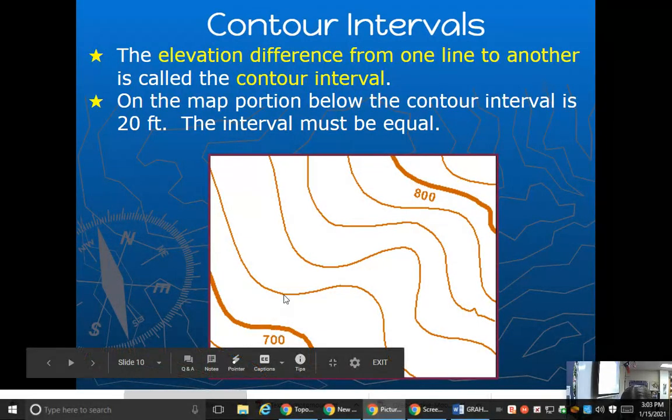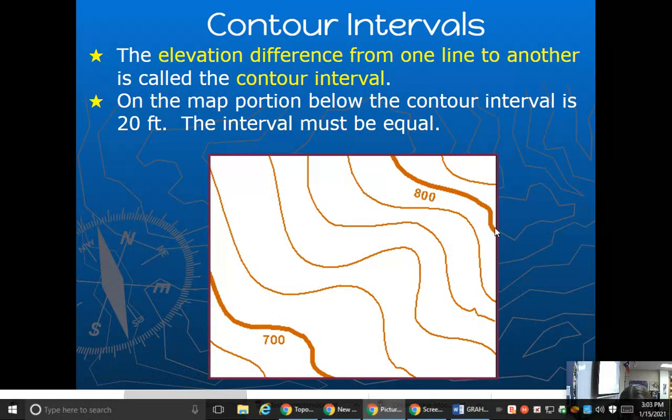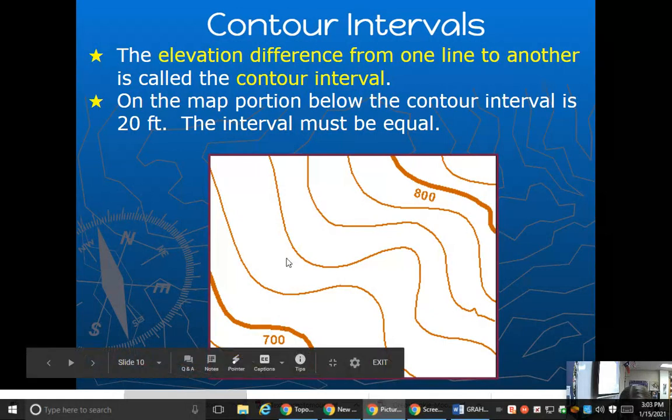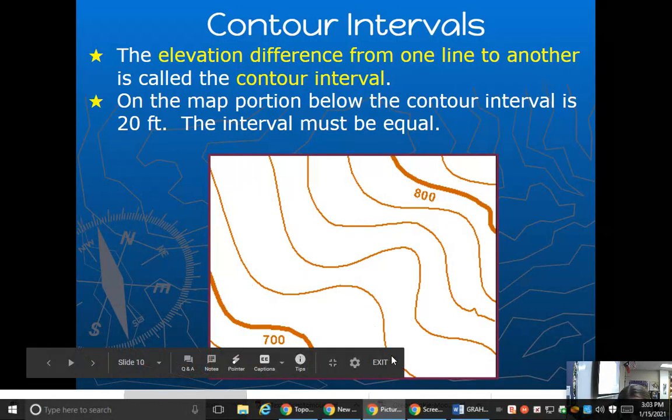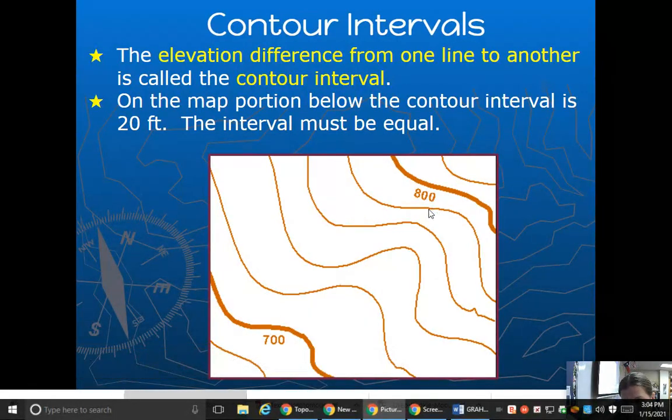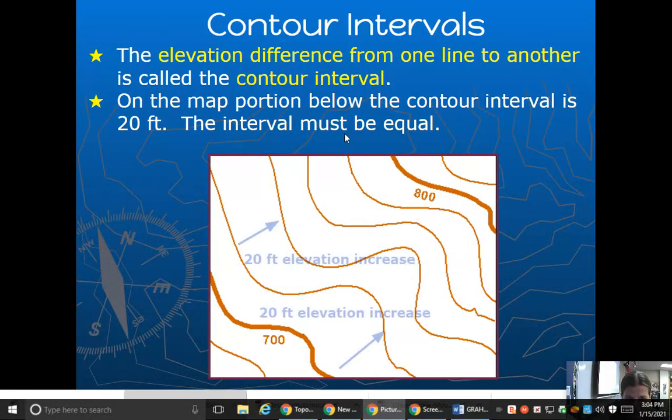So it goes 700, 720, 740, 760, 780, 800. This is going by intervals of 20, and that would be the same elevation all the way around that contour line. And again, we're not seeing these closed loops because we're just seeing part of the map.